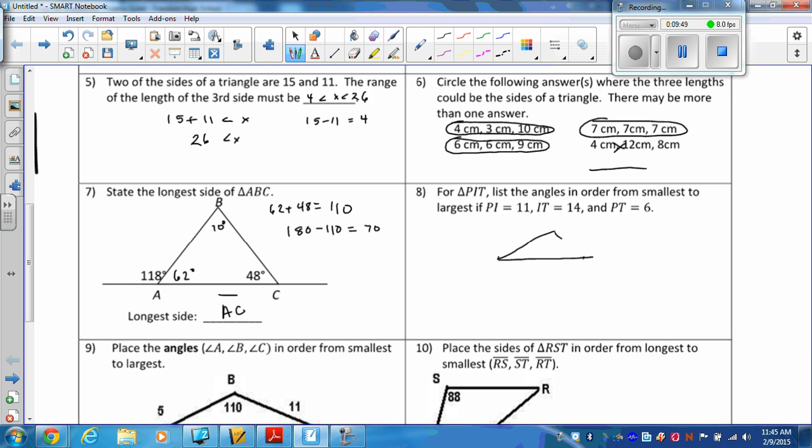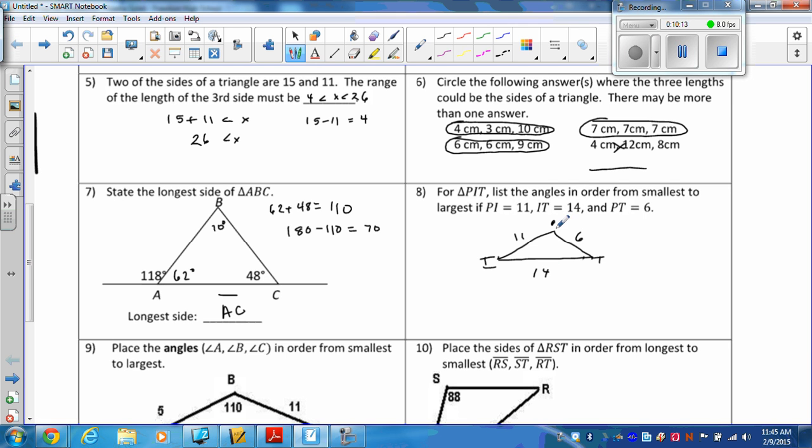So I kind of drew my triangle to scale, but then again not so much. So this is going to be P, T, and I. So PT it says is 6, and IT it says is 14, and PI is 11.